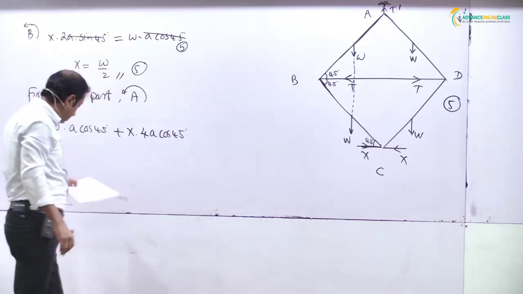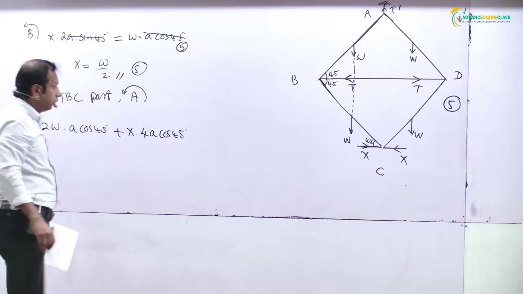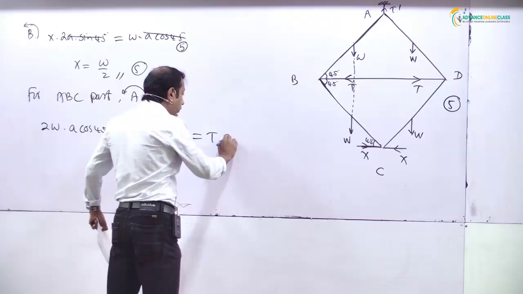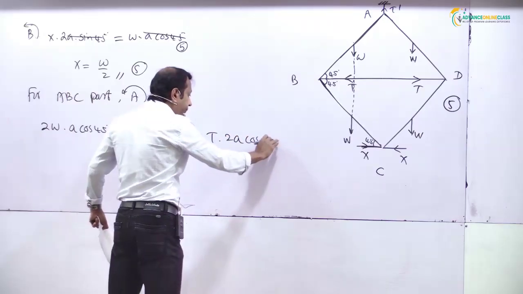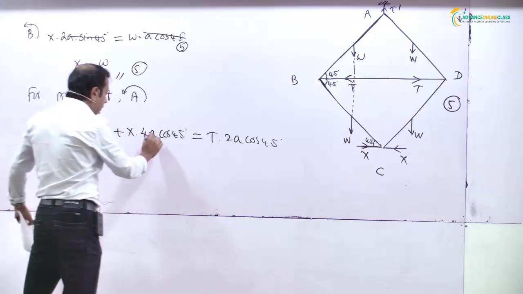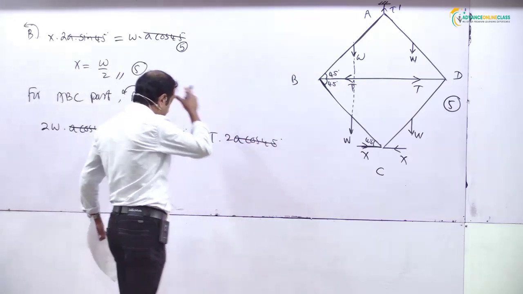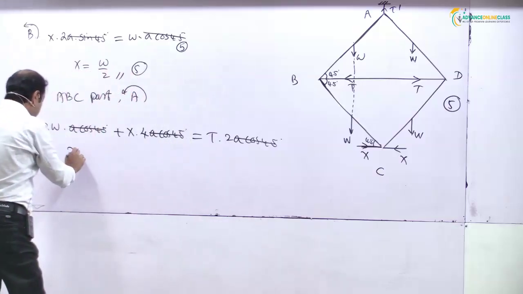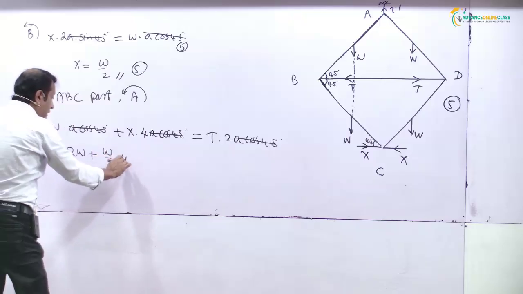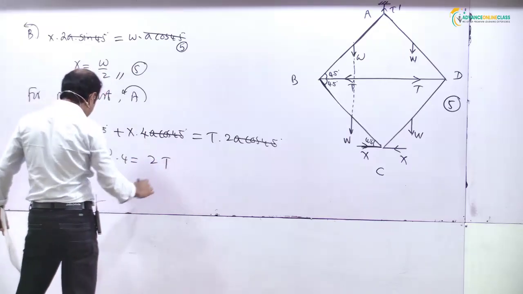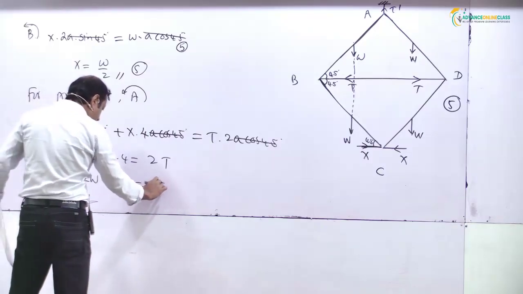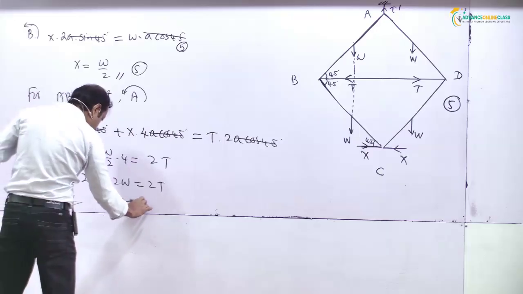And T gives clockwise moment, T into 2a cos 45. A cos 45, you can cancel down throughout. 2W here. X is W by 2 times 4. 2T. 2W plus 2W equals 2T. T equals 2W.